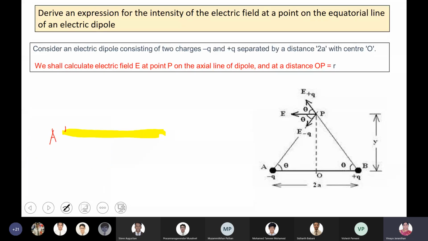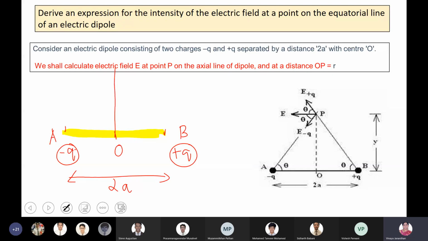This point is A, which has a charge minus Q. This point B has a charge of plus Q. This is your dipole. The total distance is 2A. Right, boys? The central point is O. Now, what is an equatorial plane? Any plane which is perpendicular to the axis.